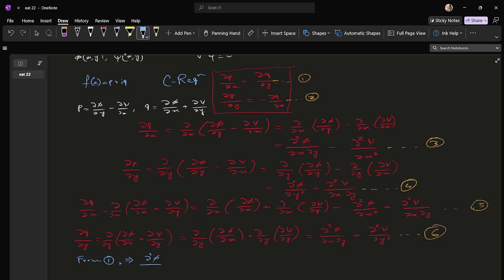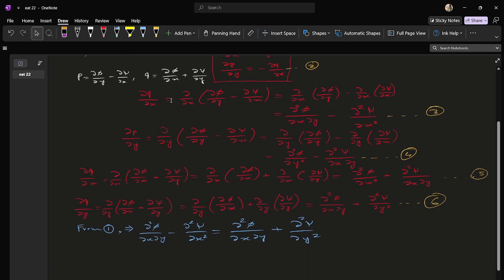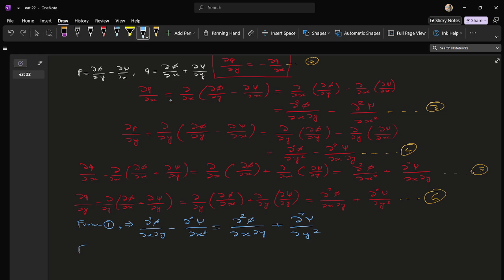So we get del square phi by del x del y minus del square psi by del x square, which equals del square phi by del x del y plus del square psi by del y square. And from equation 2, what will we get? We will get that equation 4 equals minus of 5.